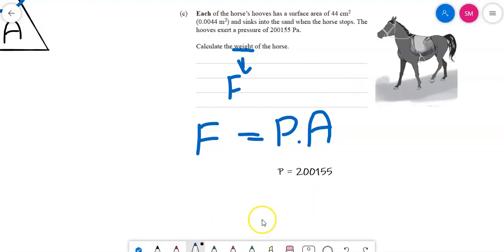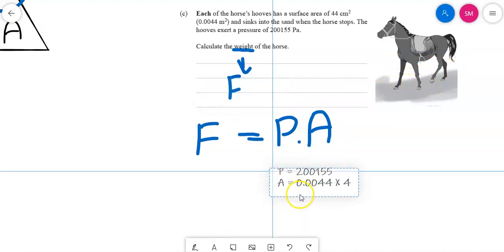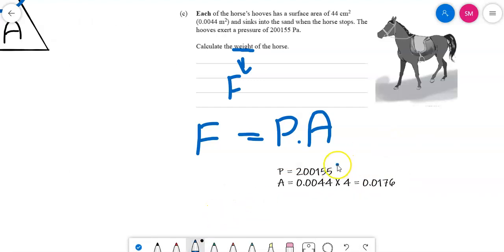So the area equals 0.0044 times 4, because there are 4 hooves, 1, 2, 3, 4. And so that is going to equal 0.0176. And I should use units, so this is pascals, and this is meters squared.